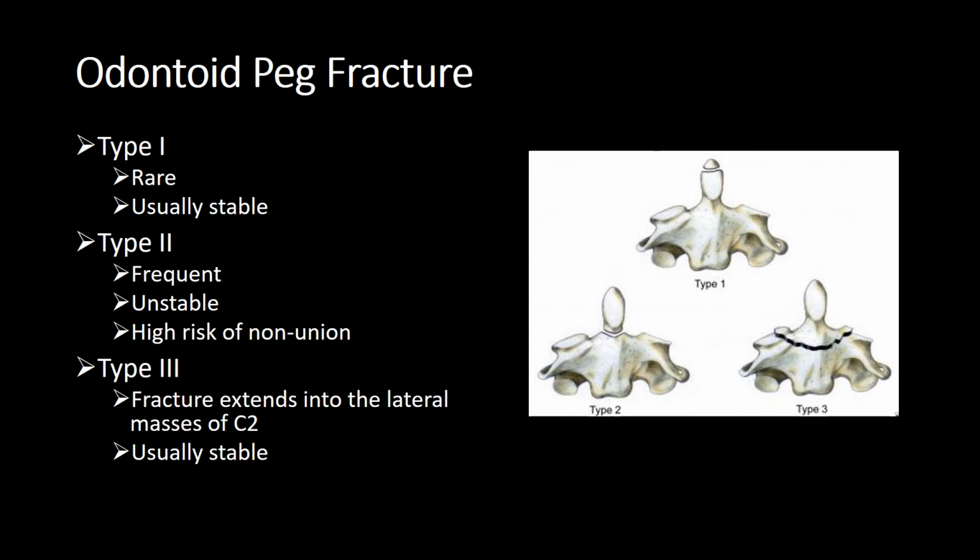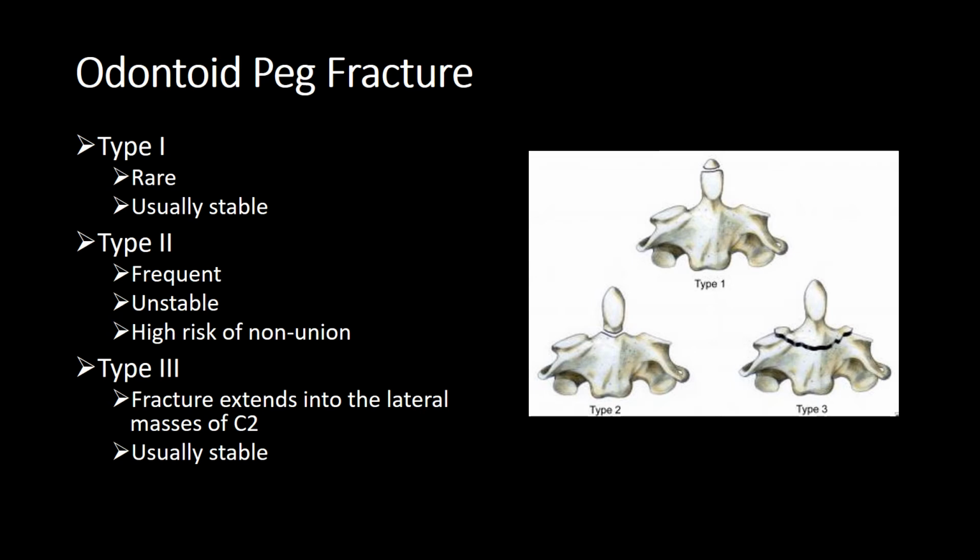As you can imagine, the lateral mass of C1 sits on top of the vertebral body of C2, and the peg holds the lateral masses in place. And because the fracture only goes to the tip, the odontoid peg can still hold the lateral mass in position. So this is a stable injury.